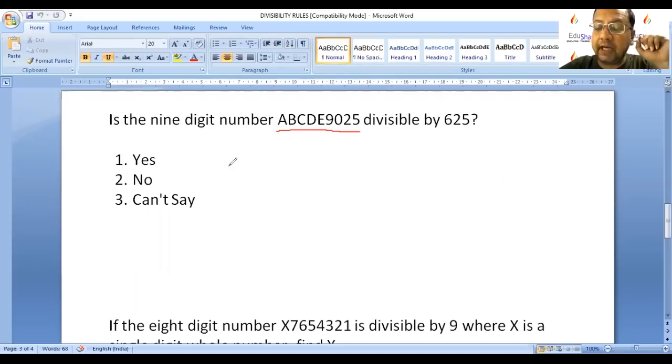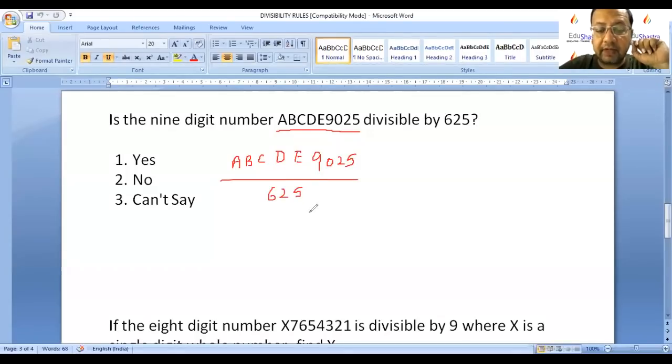So what rule do we apply here? We apply the rule for a power of 5, right? So this is a number A, B, C, D, E, 9025, and I need to check whether this number is divisible by 625 or not.